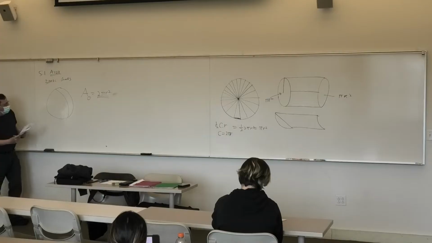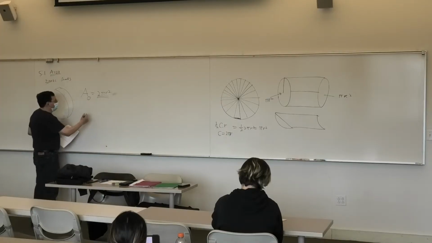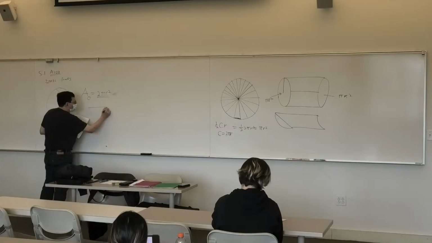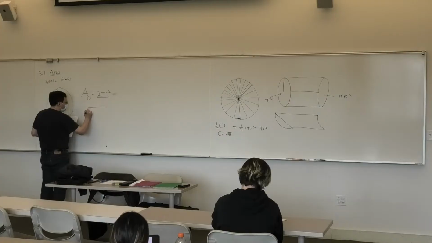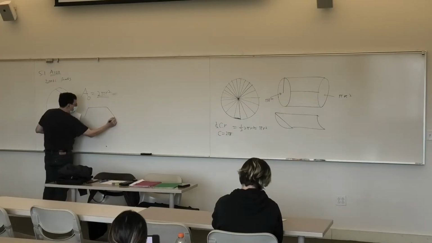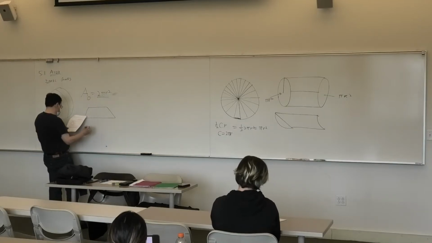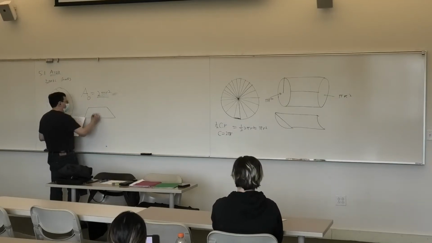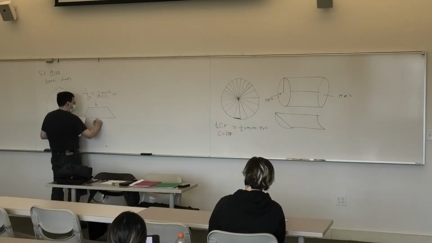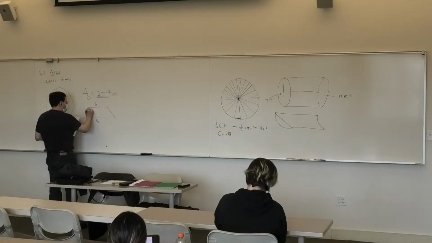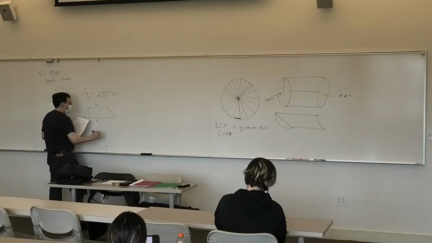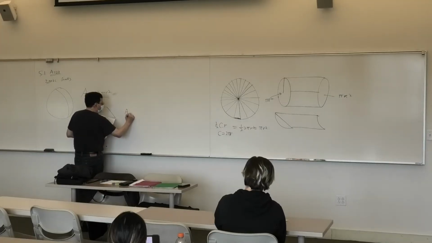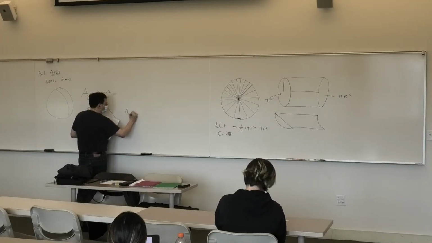So before I get through all this, I wanted to just repeat one formula which we're going to be using and is useful. What's the area of a trapezoid? A trapezoid has two bases, and it has a height, and the area of the trapezoid is what?